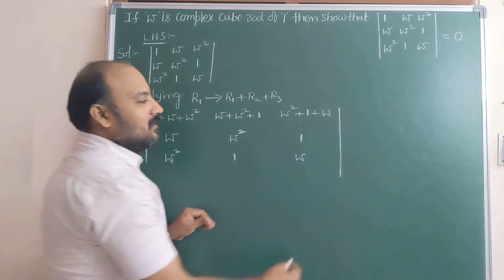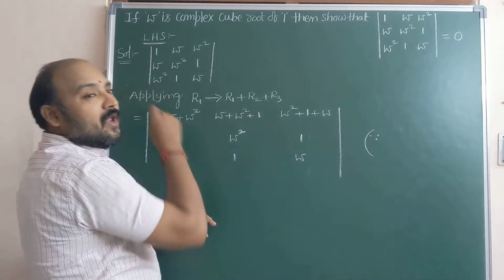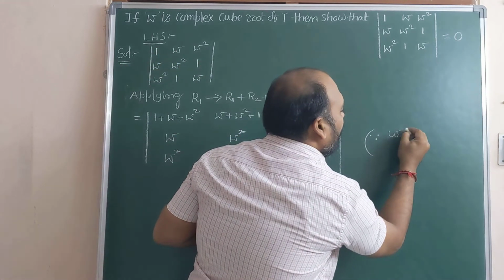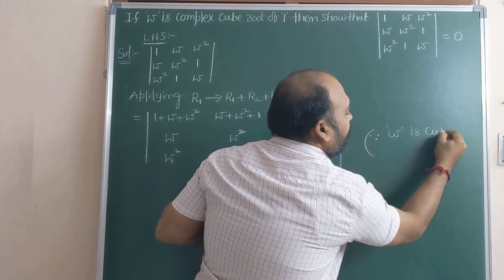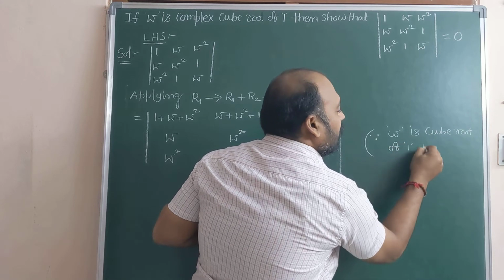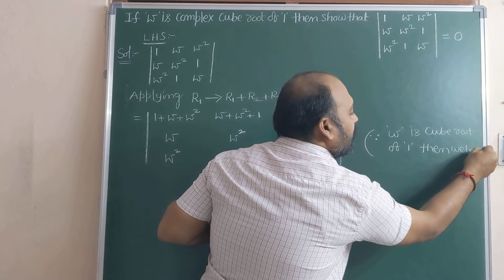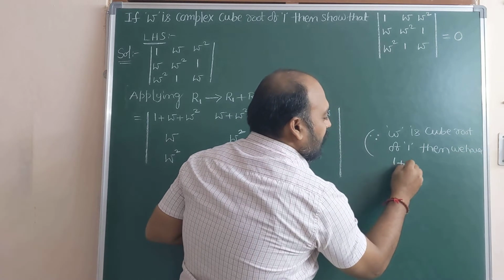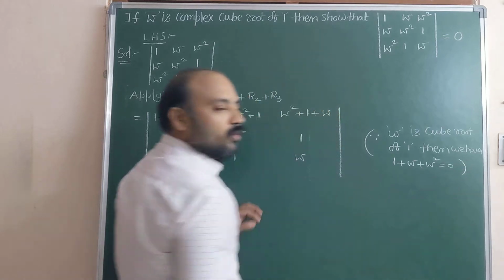We know that omega is a cube root of unity, cube root of 1, then we have 1 plus omega plus omega square is equal to 0.